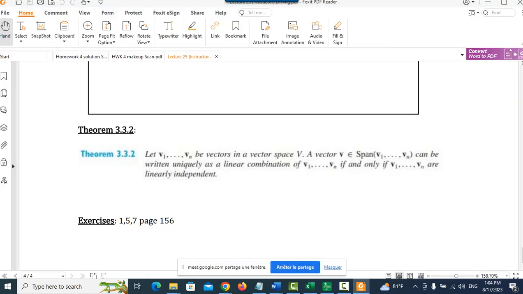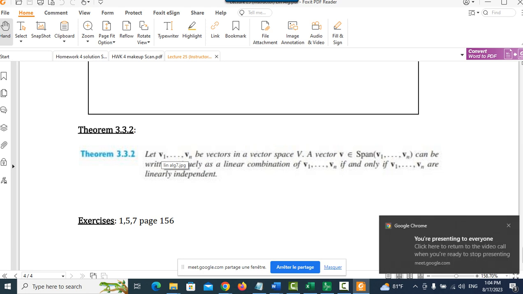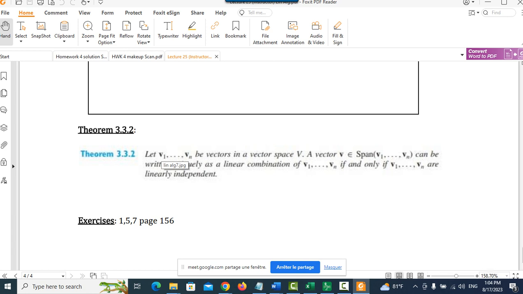Let v1, v2, all the way to vn, we took the case of two vectors instead of having n vectors. Being a vector space v, we took a vector space R2 and a vector v that belongs to the span. So the vector v that belongs to the set of linear combinations of v1 and v2 can be written uniquely as a linear combination of v1 all the way to vn if and only if v1 all the way to vn are linearly independent.